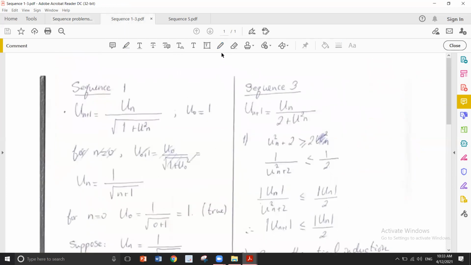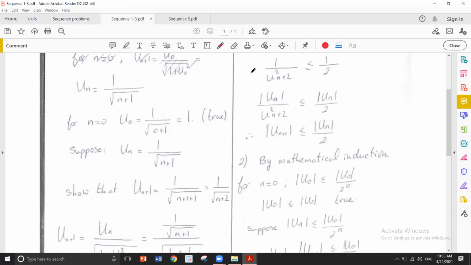شو mathematical induction هيكاز؟ كم step mathematical induction؟ Lowest value of n. I need to prove that absolute value of UN is less than or equal to U0 over 2 to the power n.